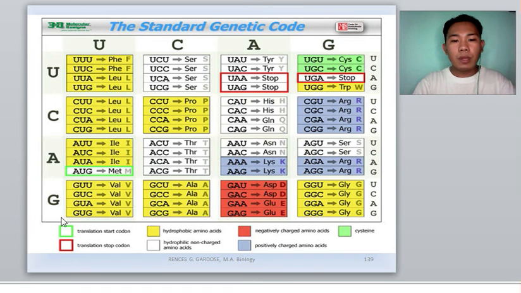So, the first codon that can trigger the start of translation is the methionine or the AUG. And these 3 stop codons will terminate the translation.